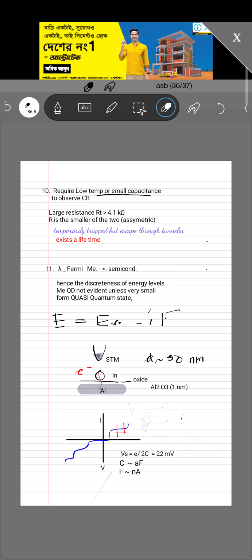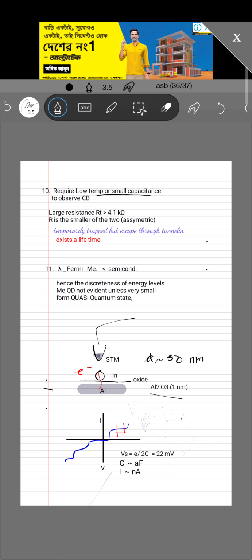Now, practically, this tunneling can be visualized by a process called scanning tunneling microscopy, where you have an aluminum substrate above which there is an oxide layer, about 1 nanometer in thickness, and so this forms a metal-insulator-metal junction. If an electron tunneling takes place through it, that gets detected by this STM tip, which is also based upon tunneling.